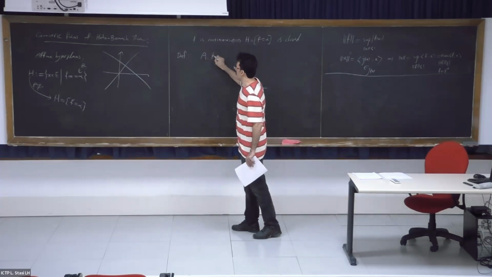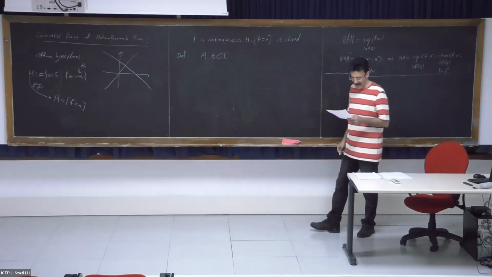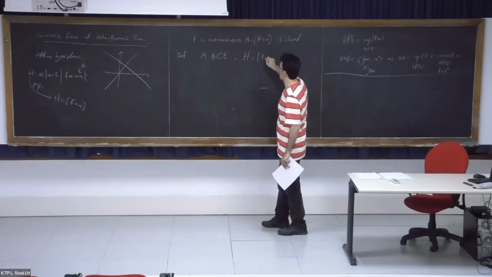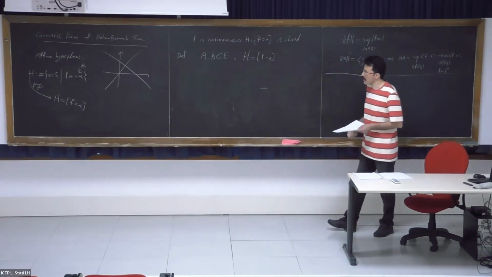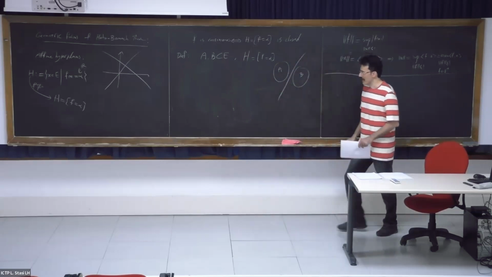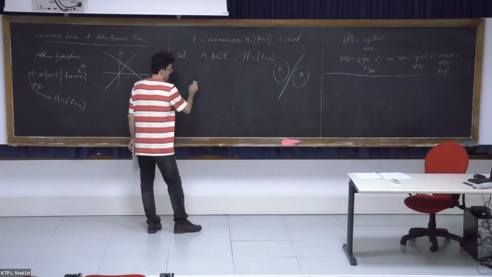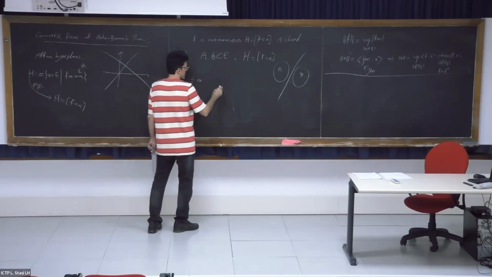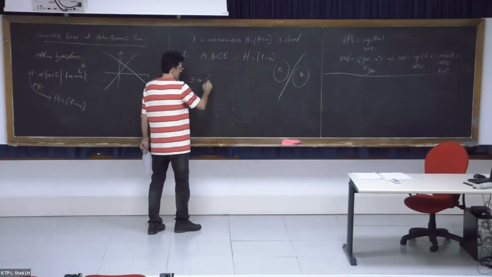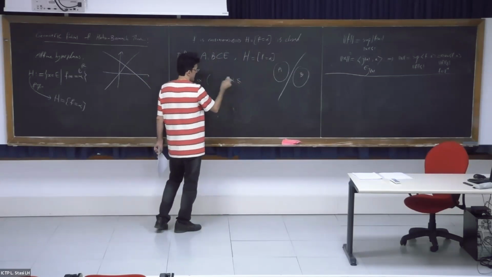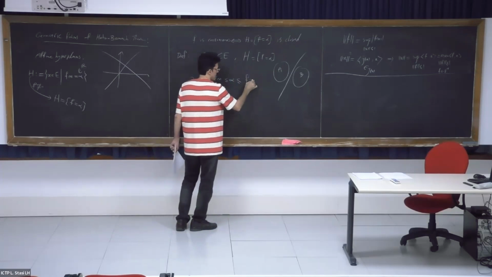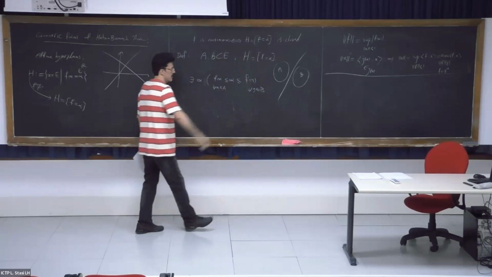Let A and B be subsets of E. We say that an affine hyperplane H separates A and B if we have this statement: there exists alpha such that f of x for all x in A is less than alpha, and f of y for all y in B is on the other side.